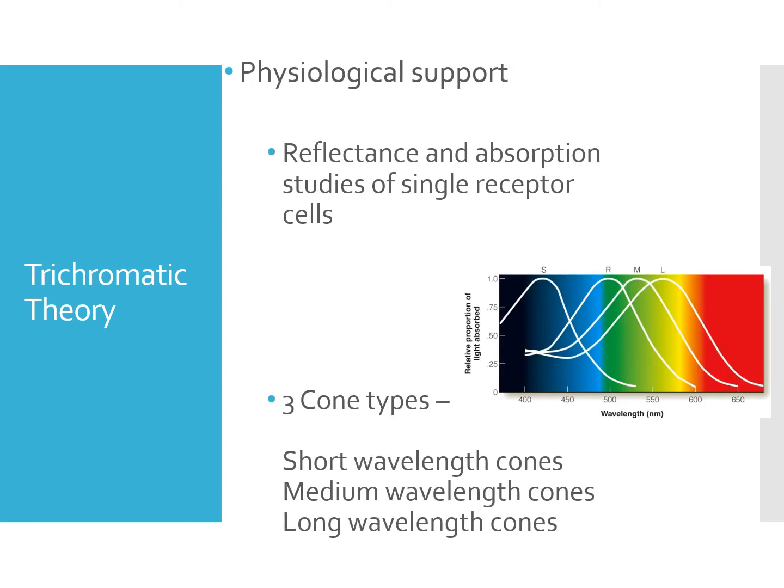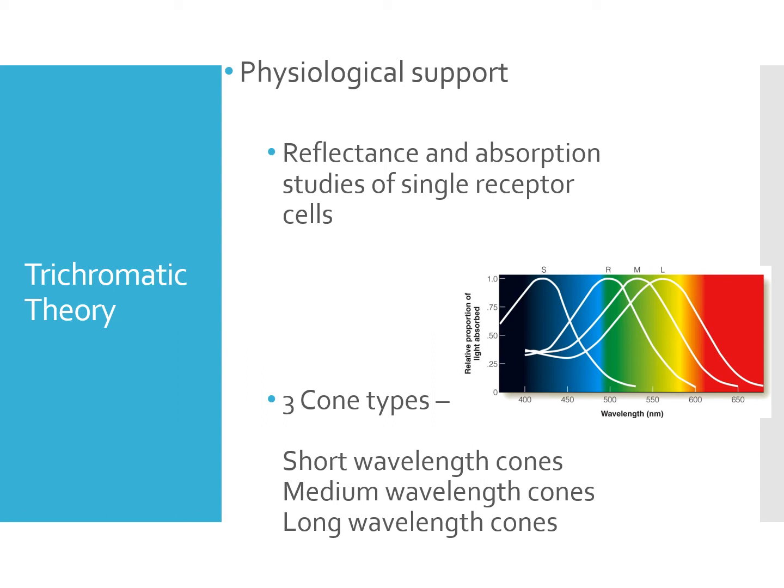It was really about 100 years after Helmholtz that we obtained the physiological support. So I want to say this study was done in 1957, if I'm remembering correctly, where they measured the absorption of single receptor cells. They used the reflectance of light and looked at the absorption of single receptor cells. And what they discovered was these 3 cone types, right?